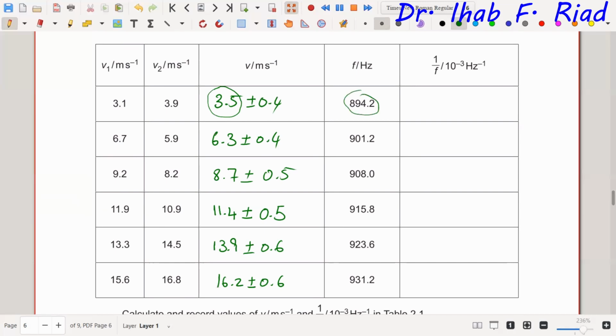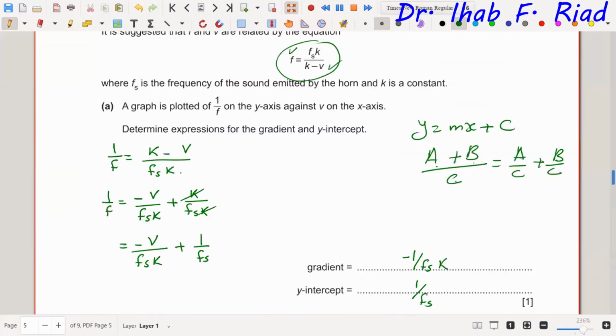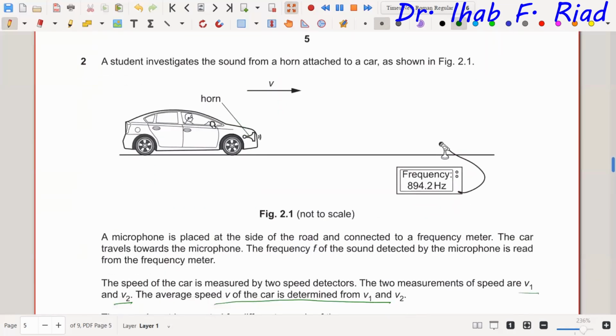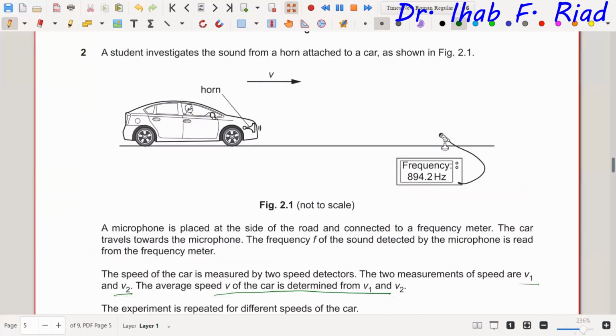As the velocity increases, what is happening to the frequency? It also increases. Do you know what this physical phenomenon is called? I think you have gone through it in your physics course. Yes, we did. What was it?